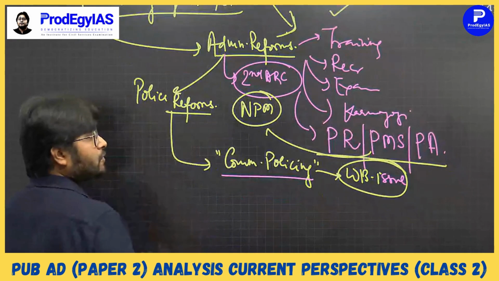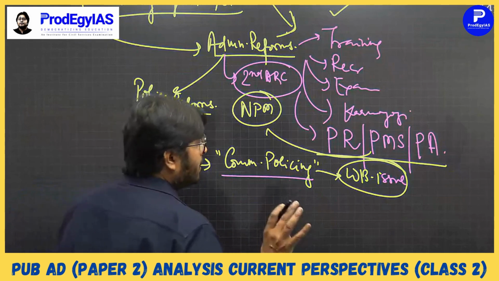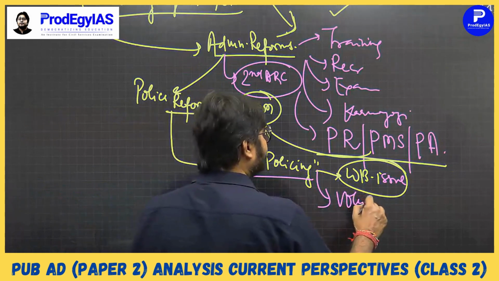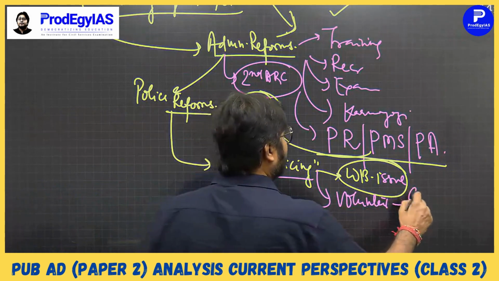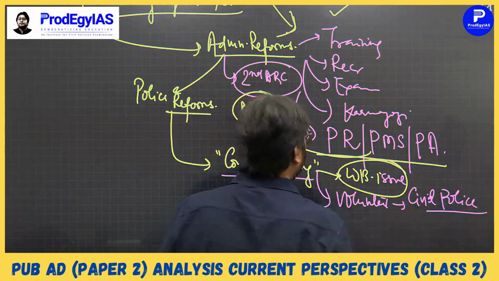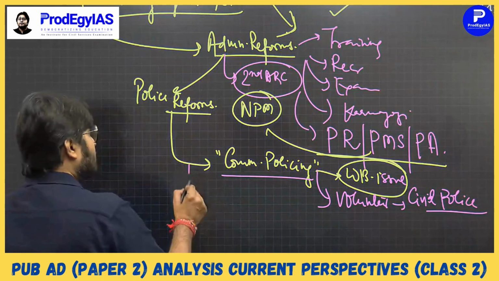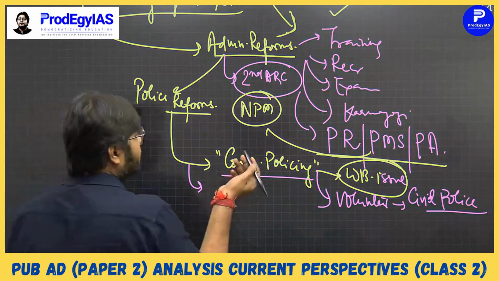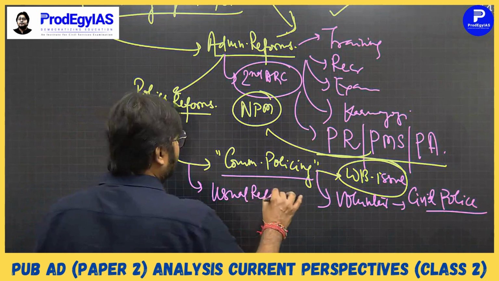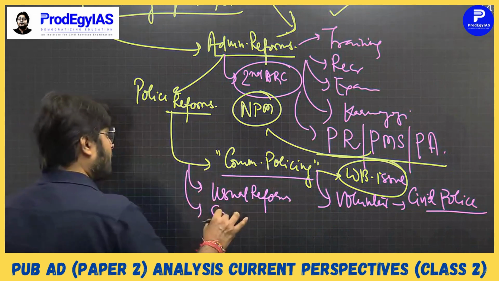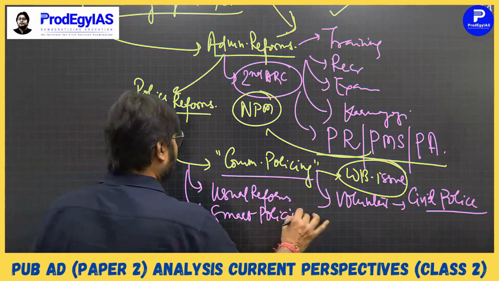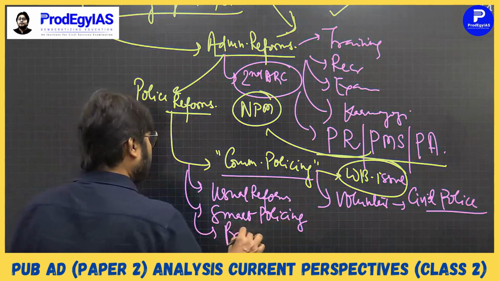The person who is supposed to be the culprit was a volunteer as civil police. So this is again reform, then usual reforms in police that you know. Concept of smart policing, predictive policing.